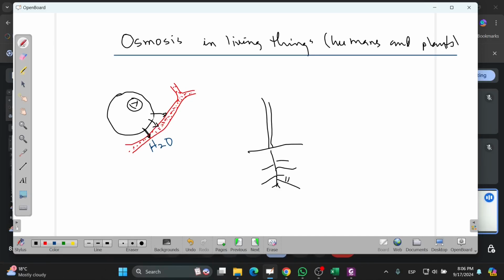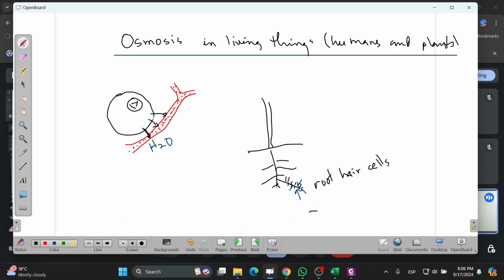The roots have some cells that are called root hair cells, right? There is where the water goes into, right?